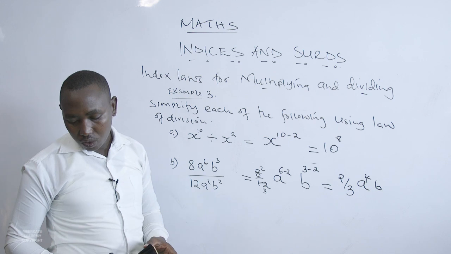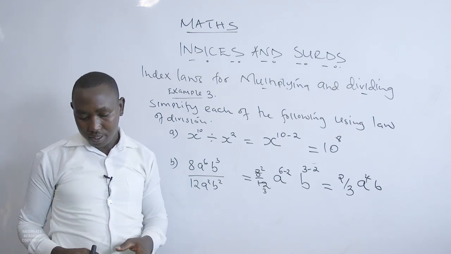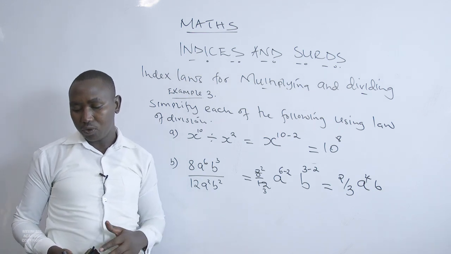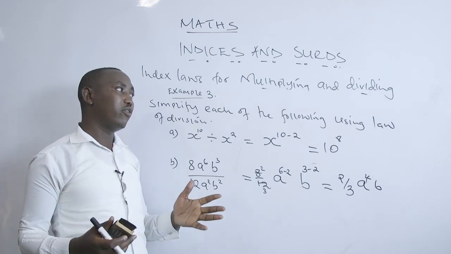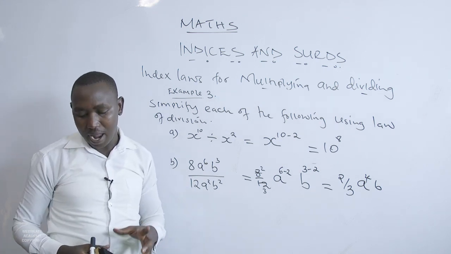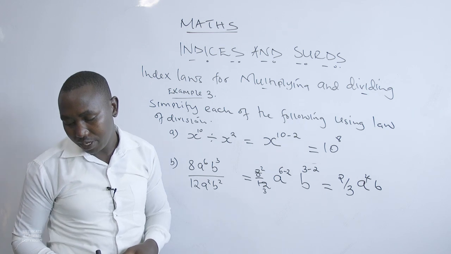Let us look at a case where we combine the two. That is, we combine the index law for multiplication and the index law for division.